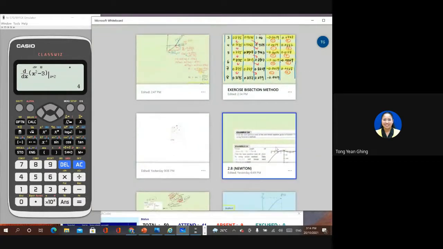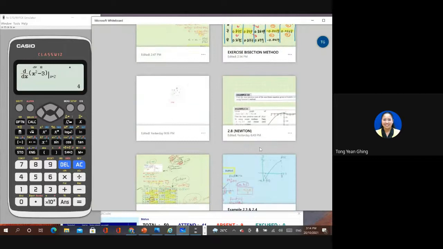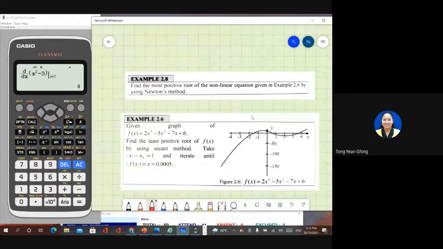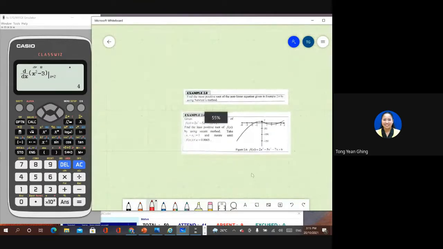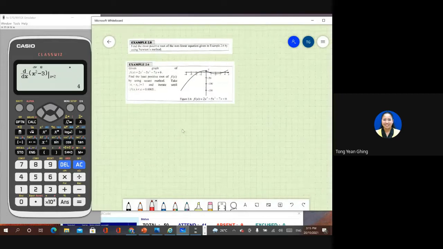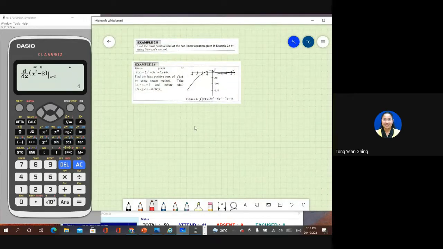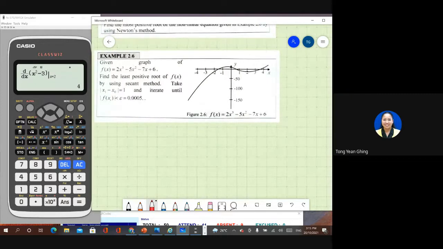Newton at 2.8. Do you want to do the example or go straight to the exercise? If you want to do the exercise, we can do exercise 2E. It's okay. We go very fast on this example. I'll go through the example once more.